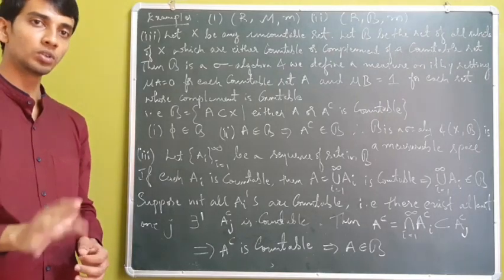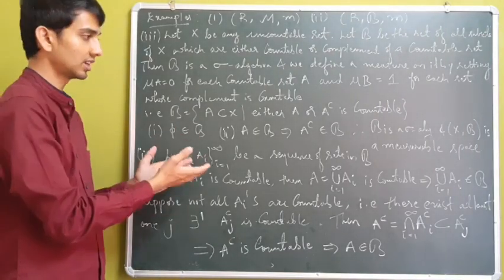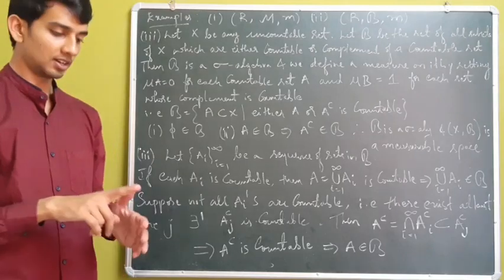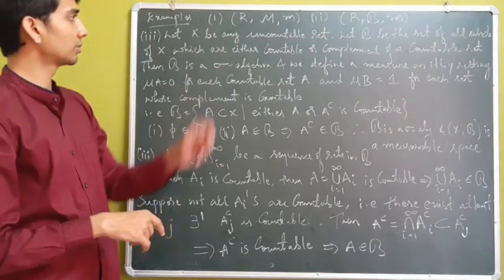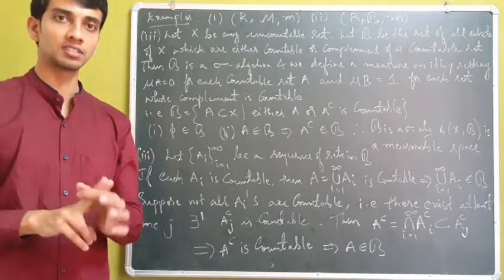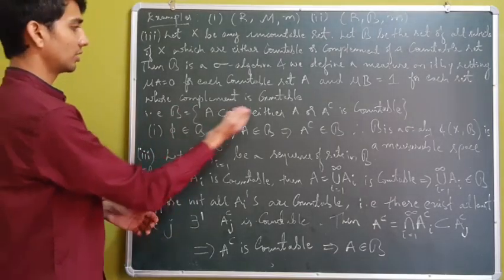So to say this is a measure space, I have X which is an uncountable set and I need B which is a sigma algebra, what I have defined like this.